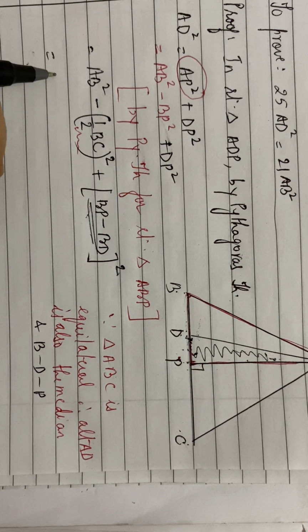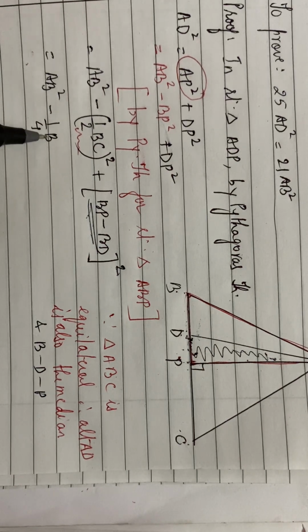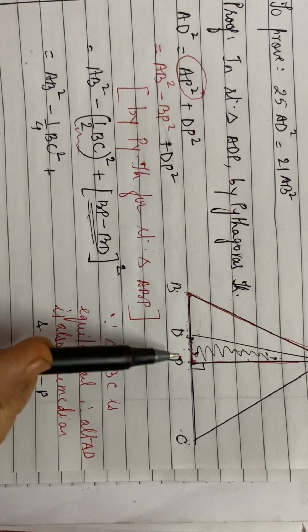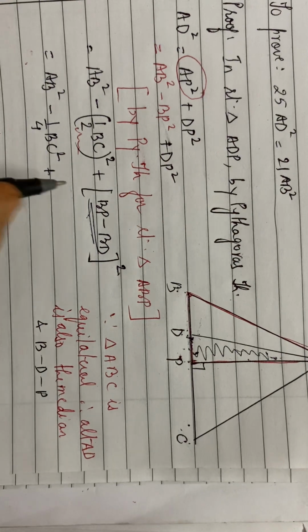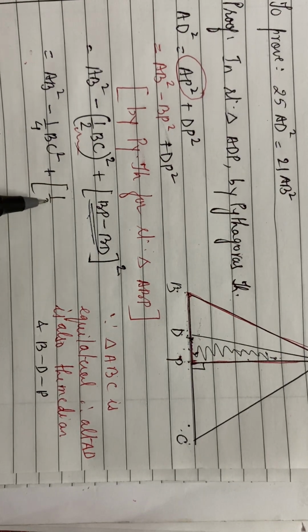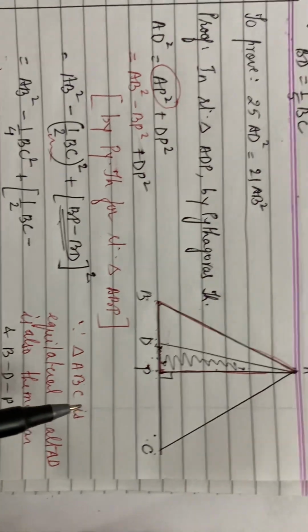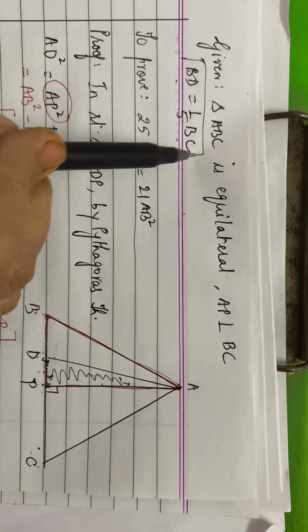Now we continue further. AB square minus 1 upon 4 times BC square plus. Now this BP is again half of BC. Just now we have given the reason. So here we write half BC. And what is this BD? BD is 1/5 of BC. Getting that?